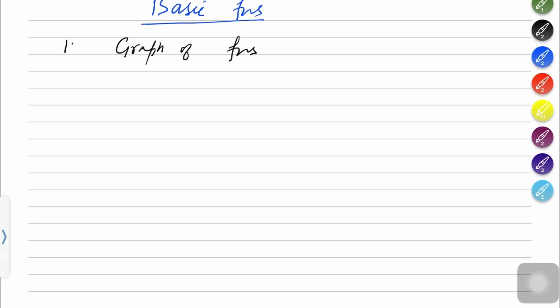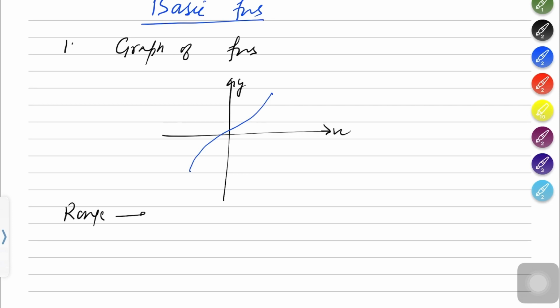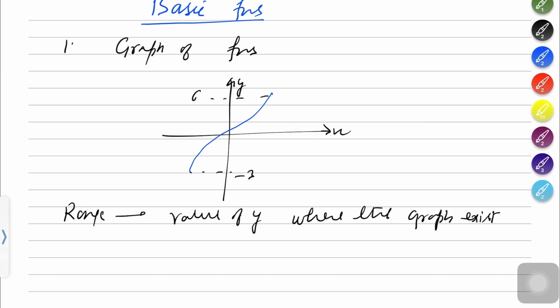So you know what a graph is. If you have any graph, let's say this is the graph of a function. What is the range in the case of a graph? Range is the values of y where the graph exists. In layman's terms, let's say this value is -3 and this value is 6.